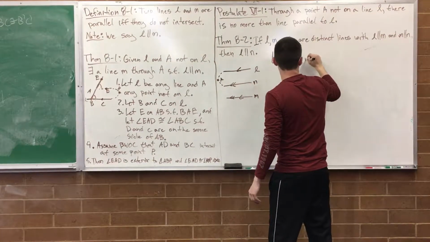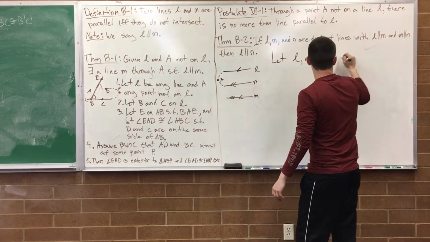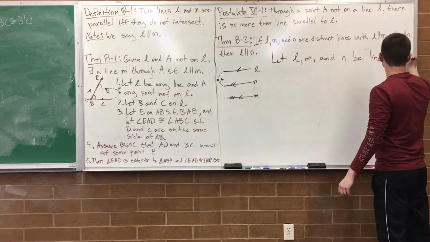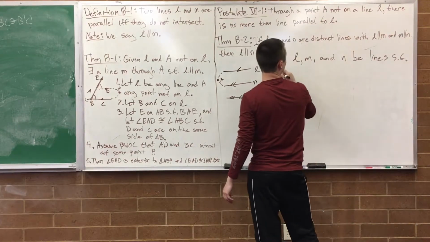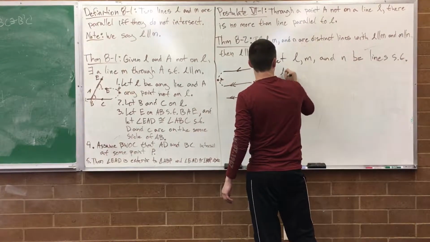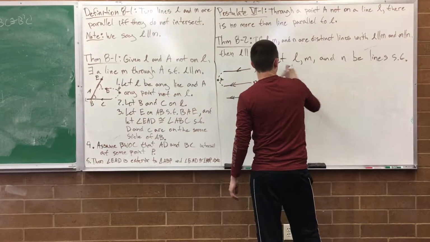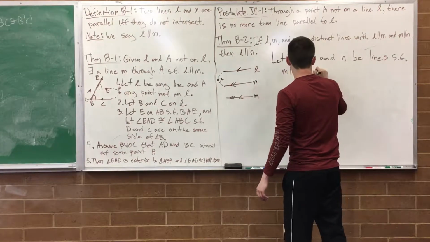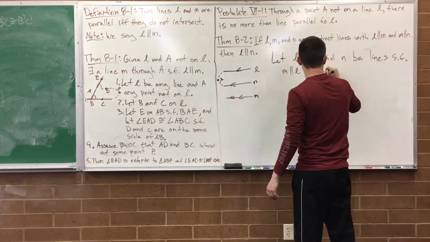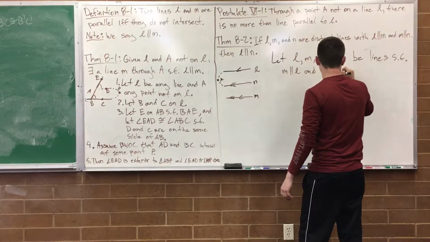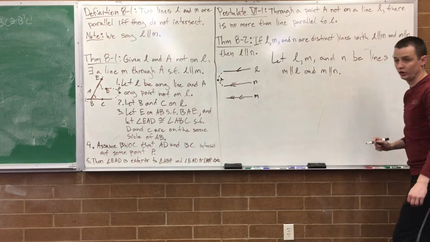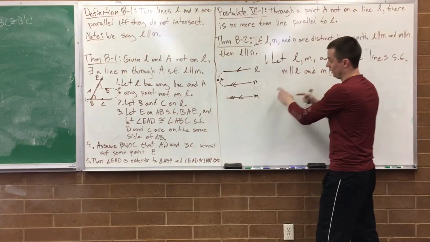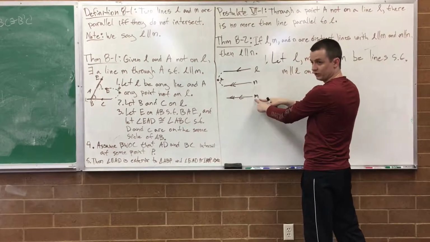Let L, M, and N be lines such that M is parallel to L, and M is parallel to N. Good? So let these three lines be such that those two are parallel to this one.